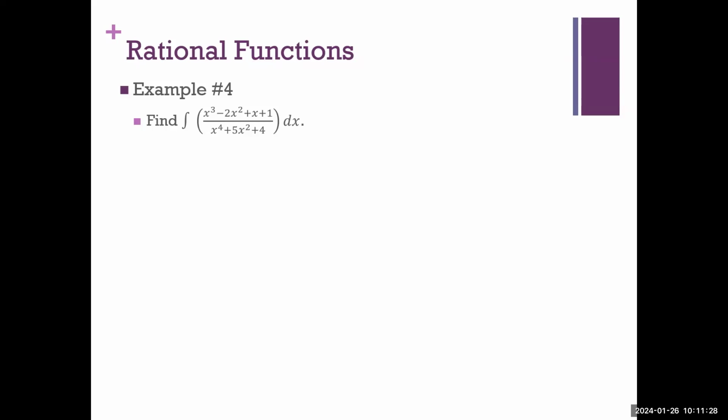I want to break this very complicated rational function, this complicated fraction, up into many smaller ones, and hopefully I'll be able to integrate that. So how did we start this? Right, so we had to factor the denominator, which I believe was x squared plus 1, x squared plus 4.